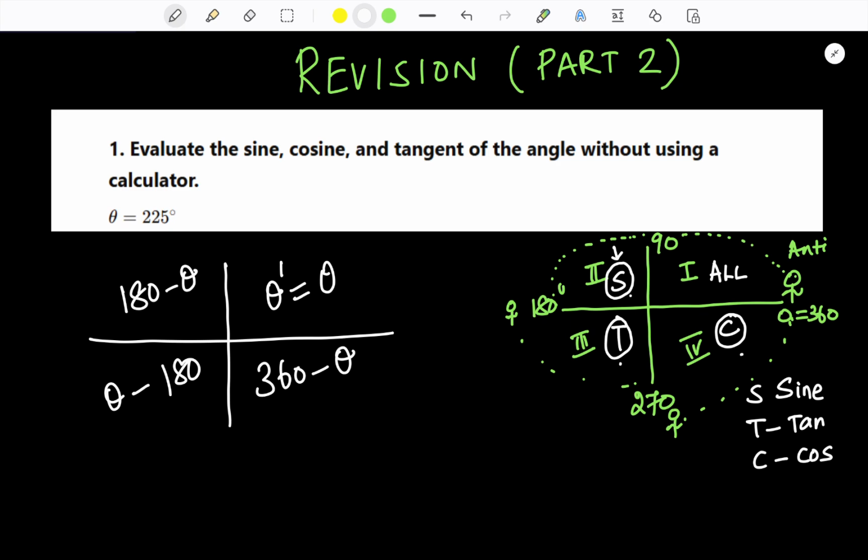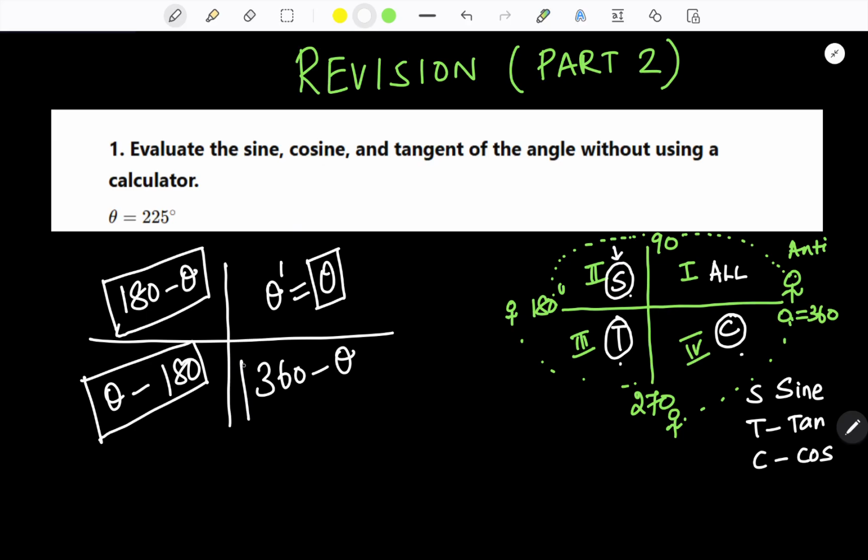Again I'm telling, in quadrant 1 theta is the same as theta and in quadrant 2 you have to use the formula 180 minus theta. In quadrant 3 you have to use theta minus 180. In quadrant 4, you have to use 360 minus theta, right? What are these formulas called? Reference angle. Okay, right. Now we are going to this question.